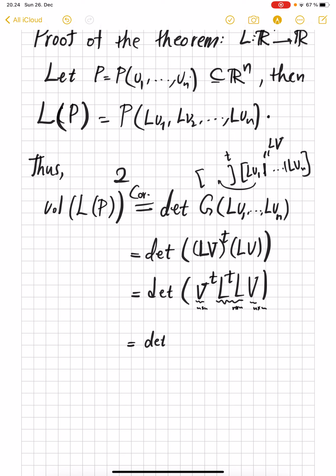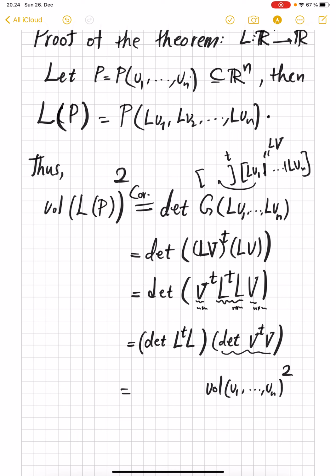So this becomes the determinant of L transpose L times the determinant of V transpose V. But this determinant of V transpose V is just the Gram determinant, and that is the volume of v1 up to vn to the power 2, times the determinant of L transpose L.